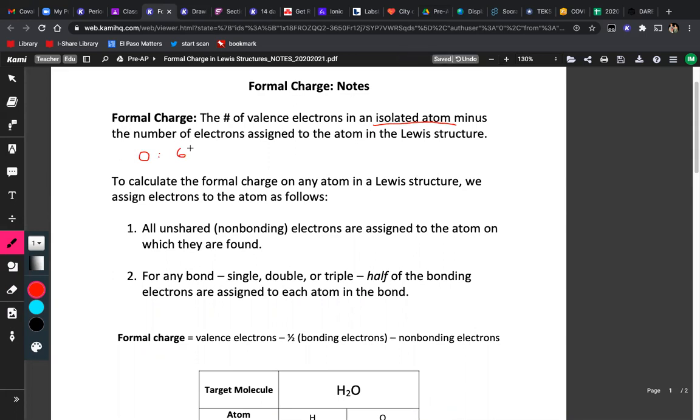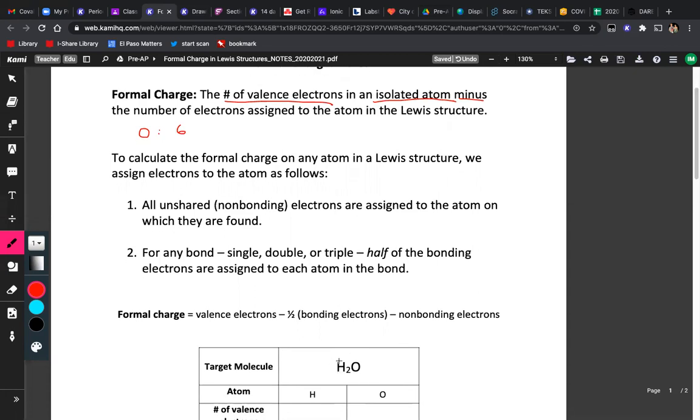So formal charge is the number of valence electrons, in this case 6, minus the number of electrons assigned to the atom in the Lewis structure. If you're looking at oxygen in the Lewis structure, let's say you have water here, you're going to subtract the electrons that oxygen has according to that molecule. So it just depends on what you have.